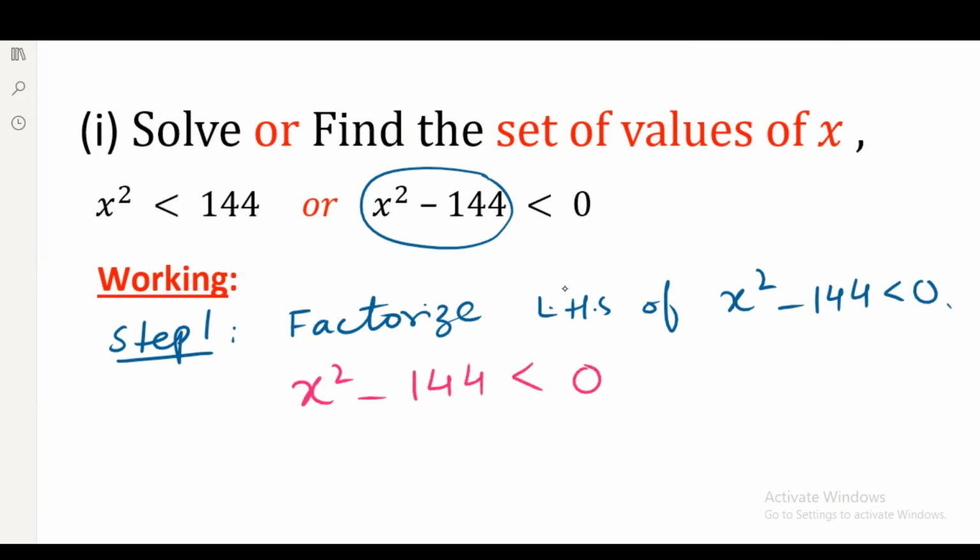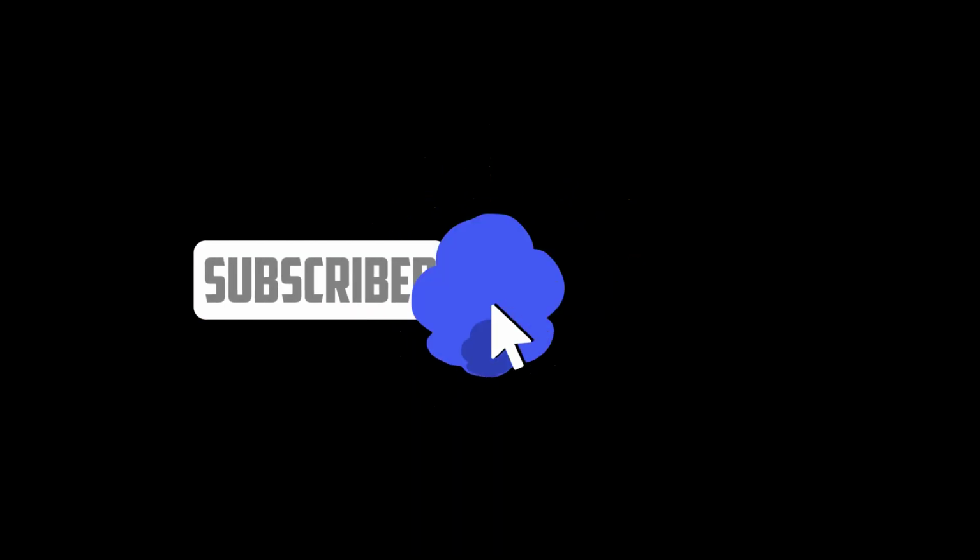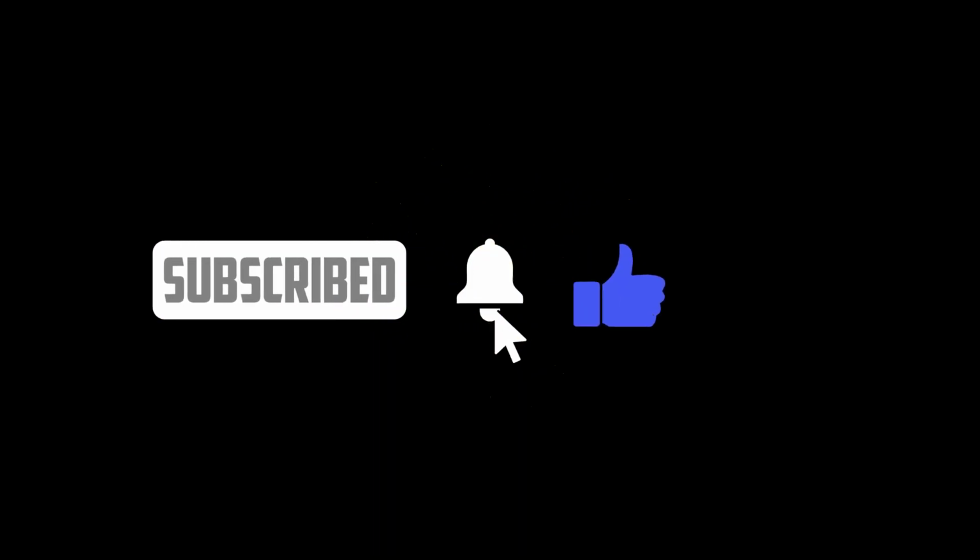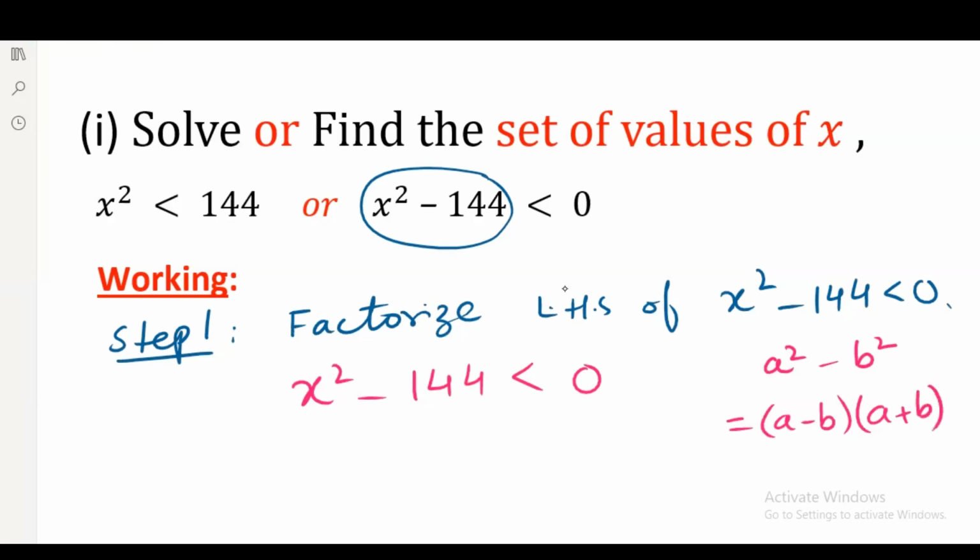Recall the identity, which is a squared minus b squared equals a minus b times a plus b, or we can say a plus b times a minus b.